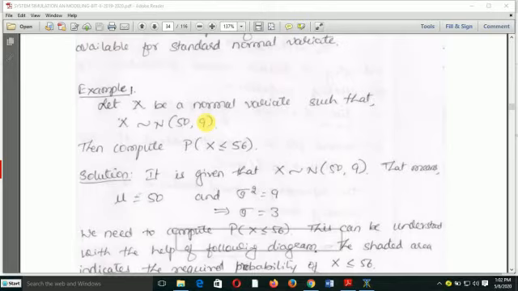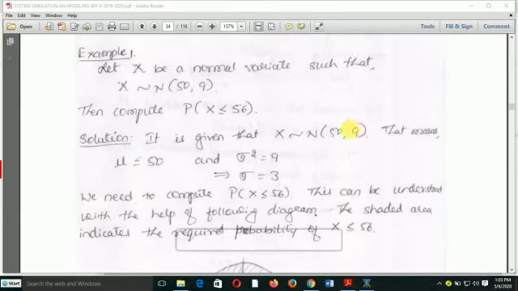So we have to compute the probability that x, which follows a normal distribution, is less than or equal to 56. What is the solution? It is given that the mean is 50 and the variance is 9.